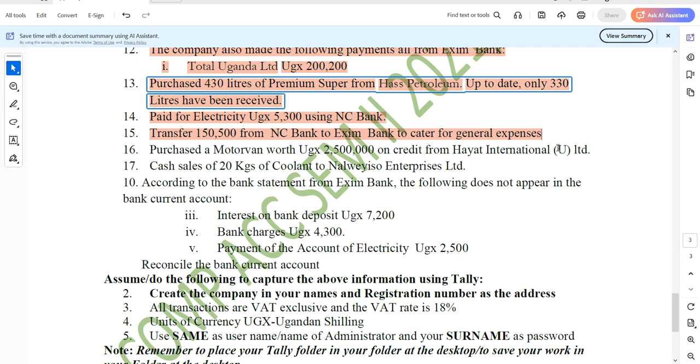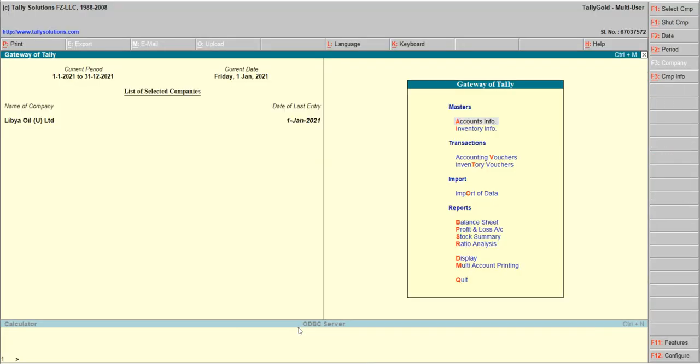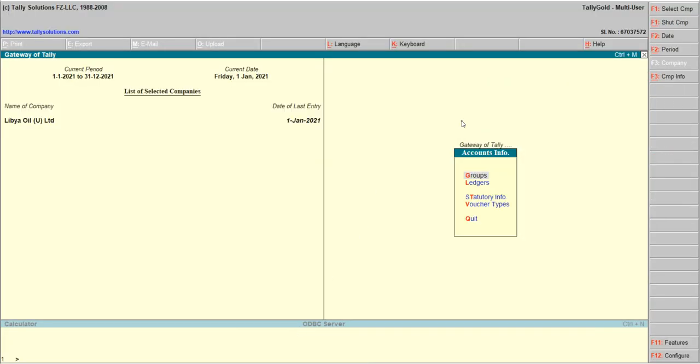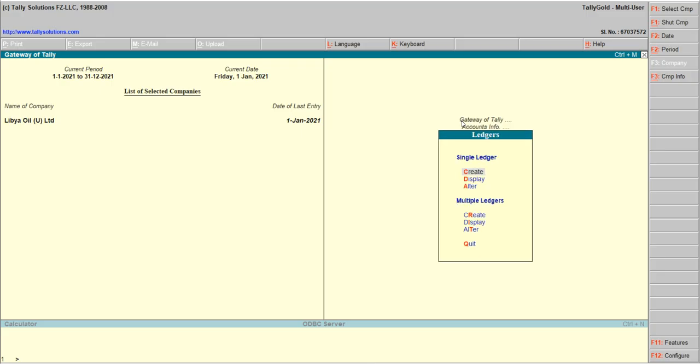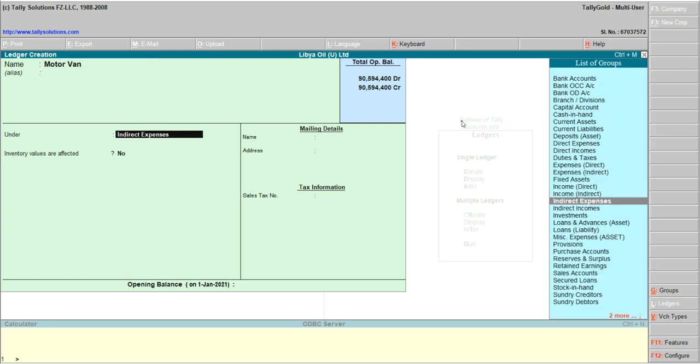Purchased a motor van on credit from Hayat International Uganda Limited. You have to create Hayat as well as the motor van because you don't have these accounts. So escape, go back to accounts info, ledgers, single ledger creation, motor van.